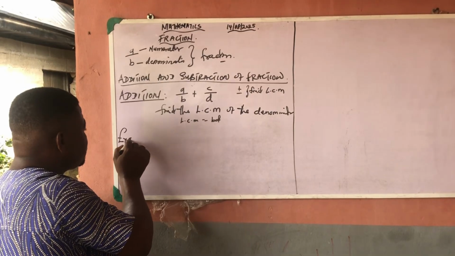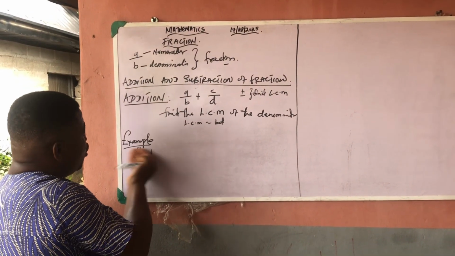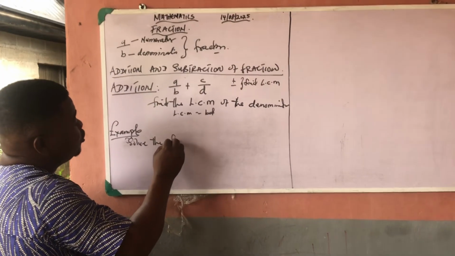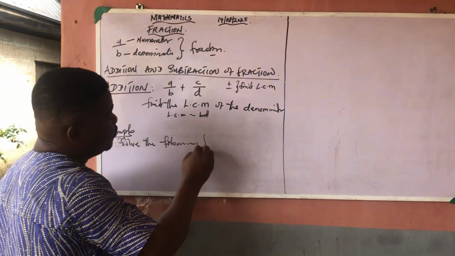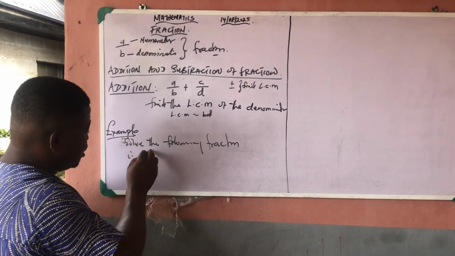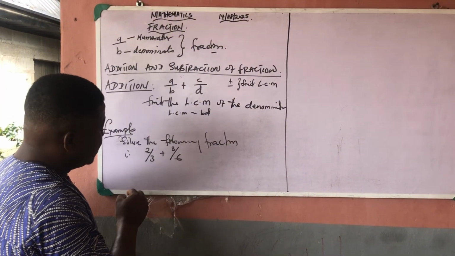Example. Find or solve the following fractions. Let's say 2 over 3 plus 3 over 6.